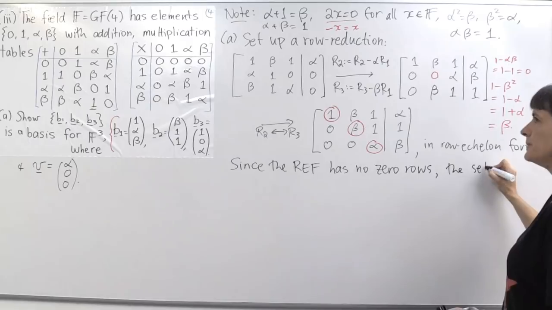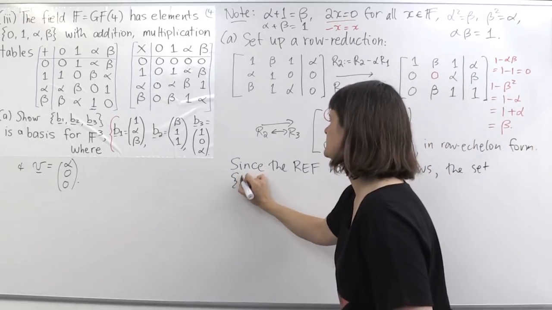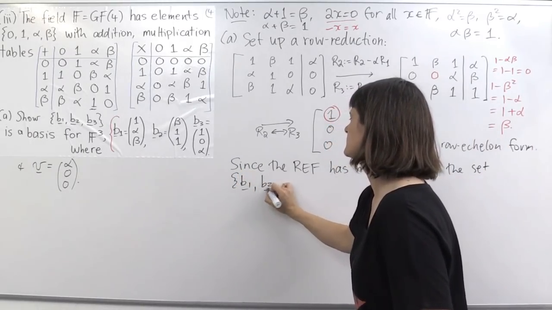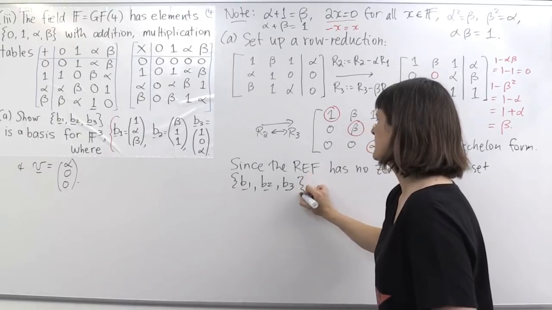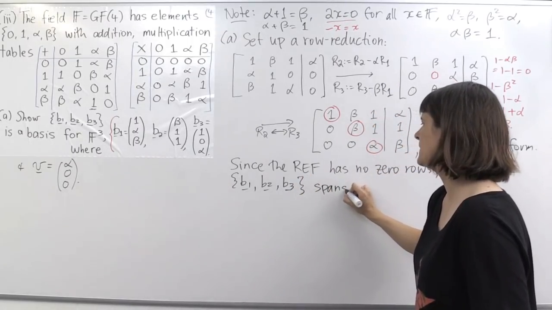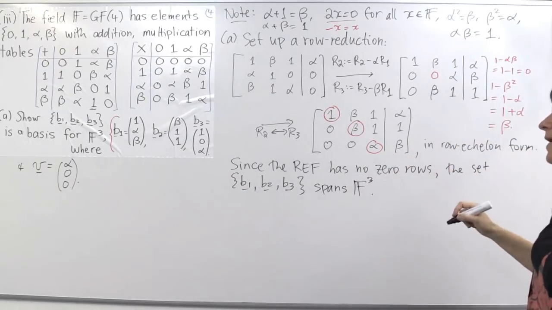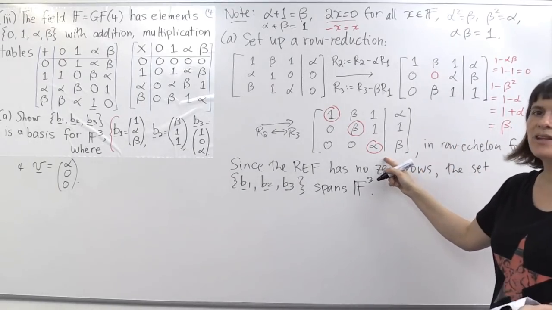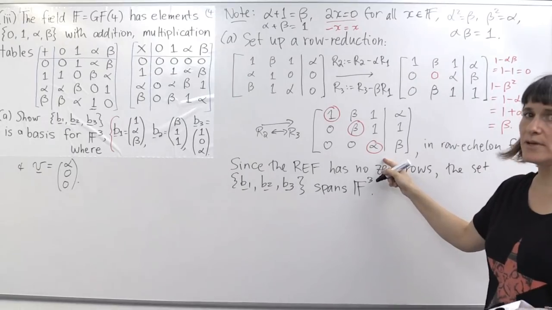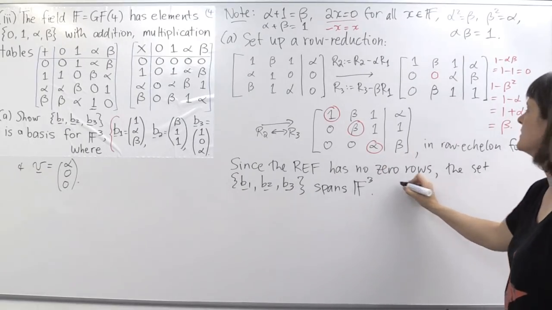The set B1, B2, B3 spans F3. It's a spanning set. Okay, it's always got a solution for any right-hand side. And since there's no non-leading columns, the solution is always unique, so it's linearly independent.